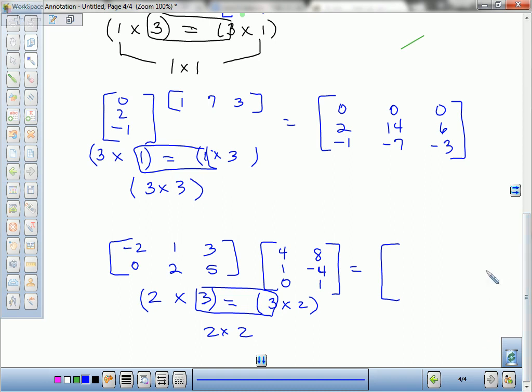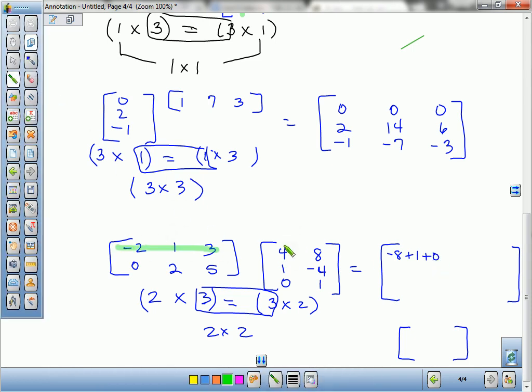All right. I'm going to show the work here and then just do the little answer right there. Okay, so we do row 1 times column 1. So I get -8 plus 1 plus 0.